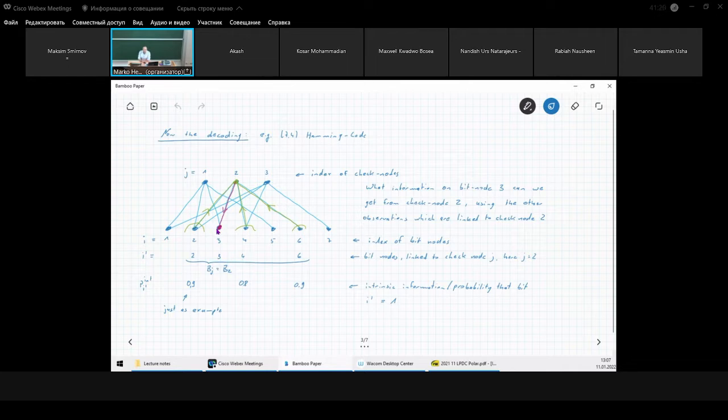And this is the so-called extrinsic information. So we get information on the desired bit which does not come from the observation of this actual bit. It comes from the observation of the other bits. External, extrinsic information. So independent information on this bit.